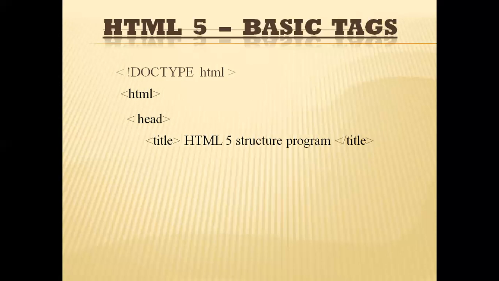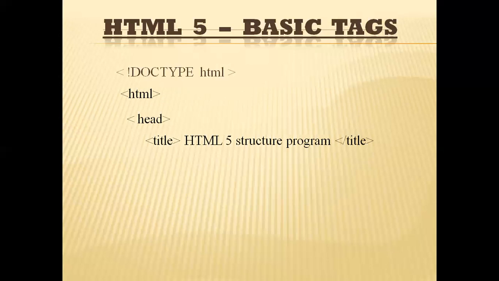The text within the head tag is not displayed on the web page. The title tag defines a title for the document. The text within this tag will be displayed on the title bar of the window, the blue bar on the top of the window.